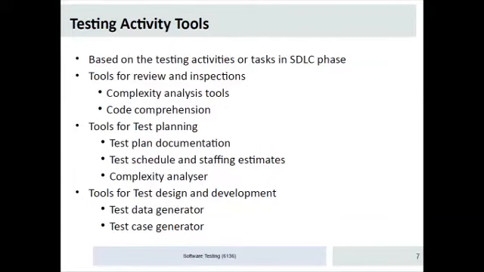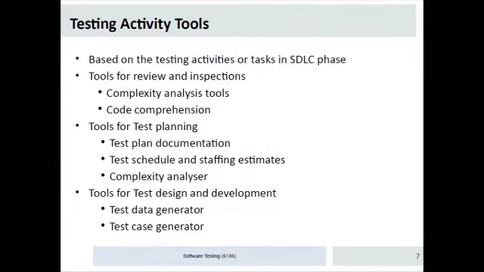Tools for review and inspection. These tools are used mainly for static analysis of the code, and they help to understand the complexity of the code and thereby estimate the time and the resources required to complete the testing process.